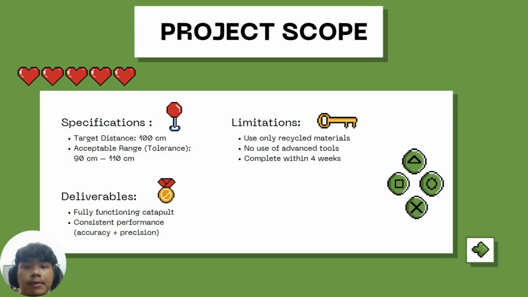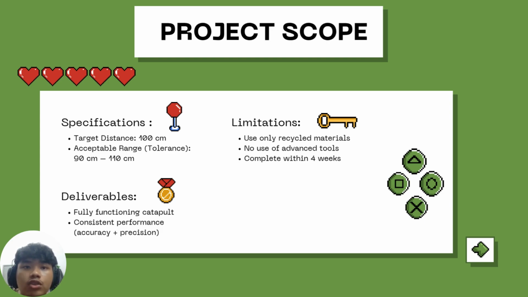So now for the scope of the project, this defines what we are doing, what we aim to deliver, and what limitations we face. Firstly, for the specifications, we aim to hit a 100 cm target. Our acceptable range is between 90 cm and 110 cm. This range represents our lower and upper specification limits, LSL and USL.